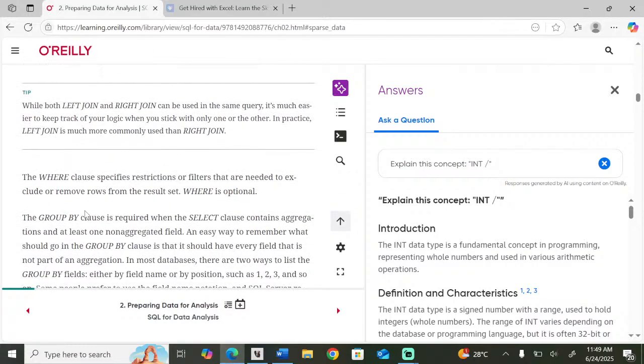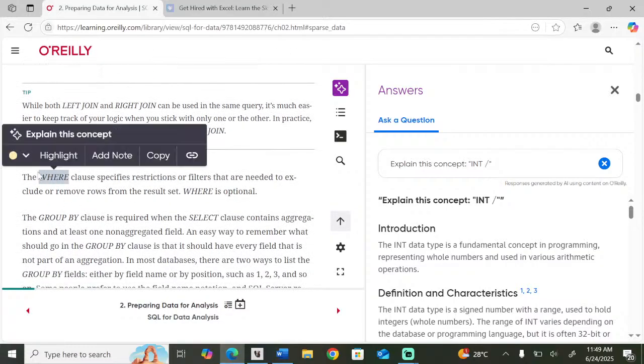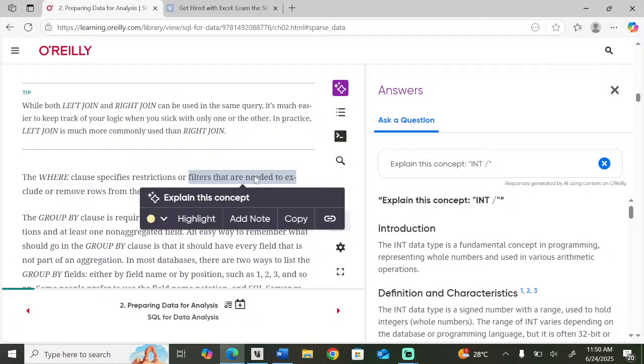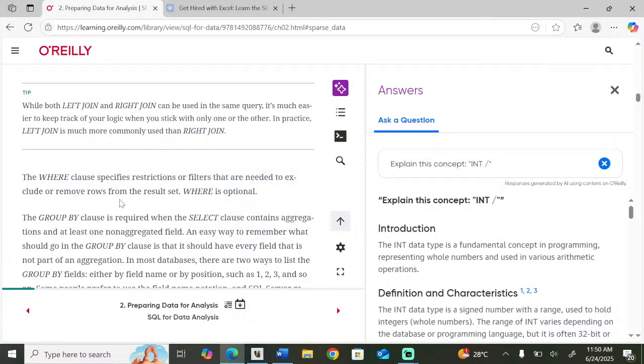Now let's check what where means. When you're writing queries, you will also come across where. Where filters the things that are needed, to exclude or remove rows from the result set. Where is optional, it is not a must.